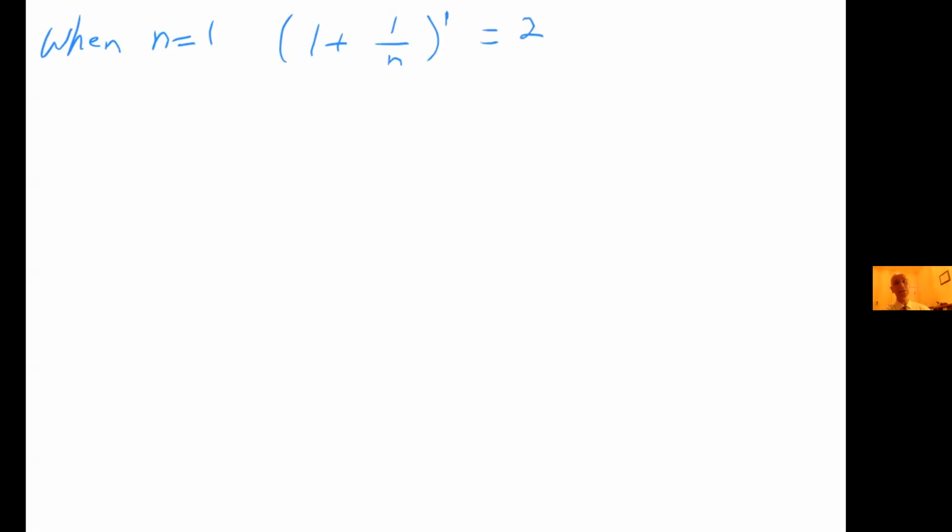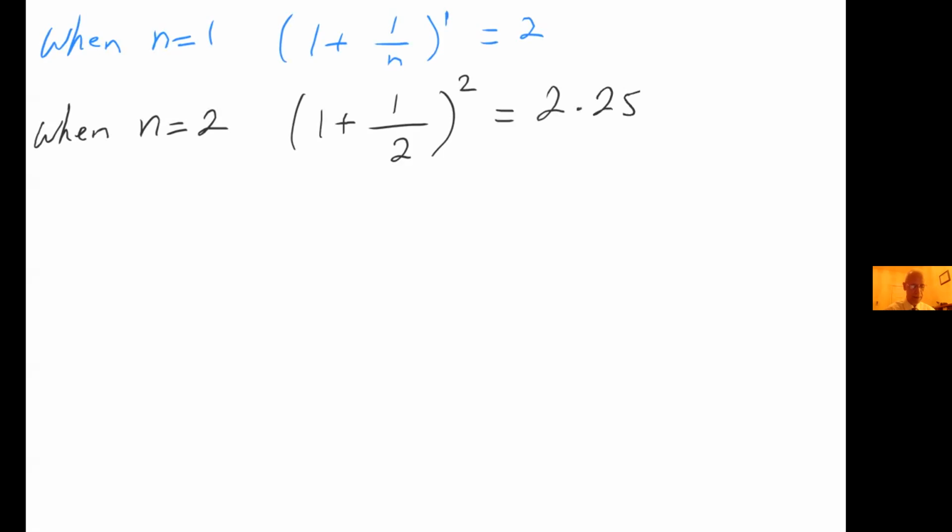When compounding is twice a year, so when n equals 2, then you get 1 plus 1 over 2 to the power of 2. And I put that in my calculator, 2.25. 1 plus 1/2 is 3/2, and if you square that, you get 9/4, which is 2.25.